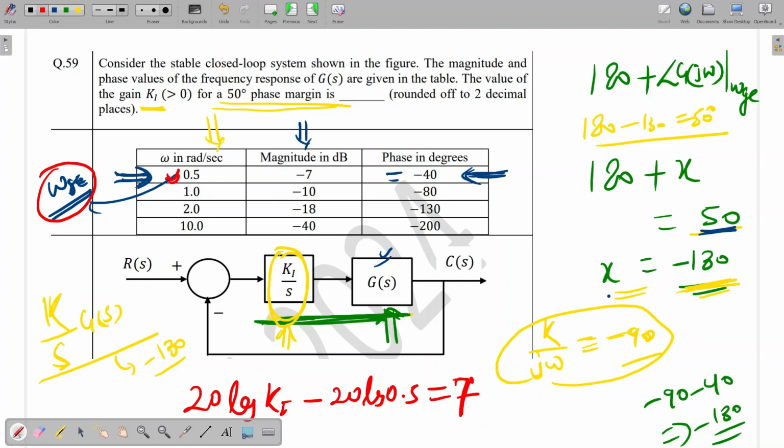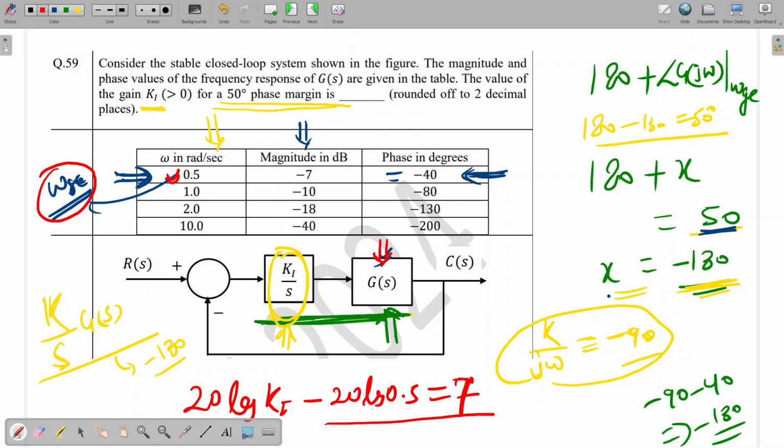What is omega gc? At omega gc the overall system gain should be equal to 0 dB. But this alone was contributing minus 7, so this should contribute plus 7. So 20 log K minus 20 log 0.5 should be equal to plus 7. Is it clear? From this one, we can calculate the K value. Is it clear up to now?